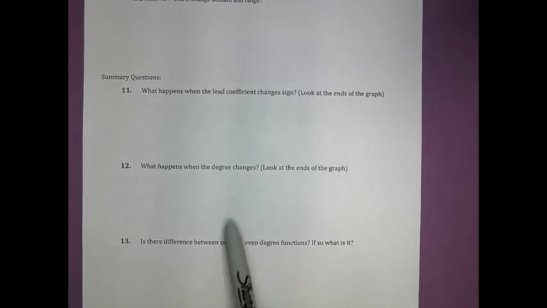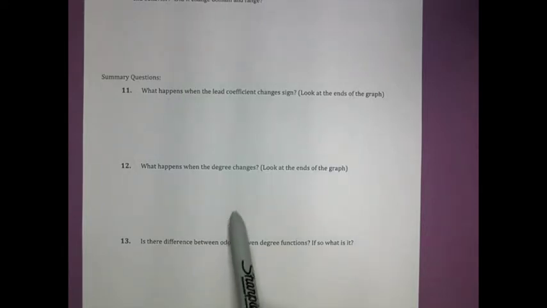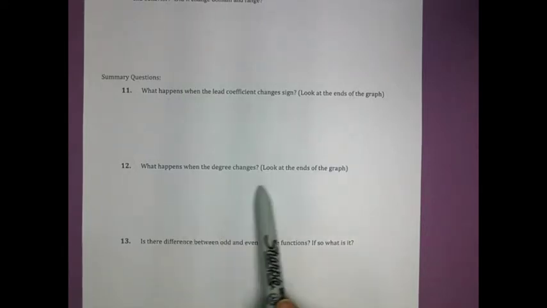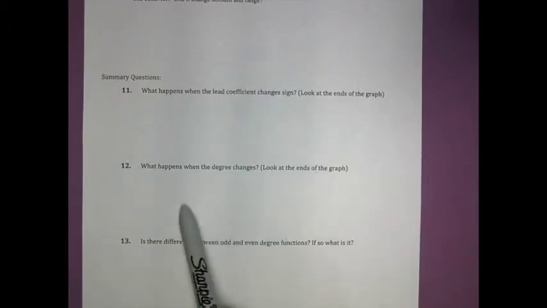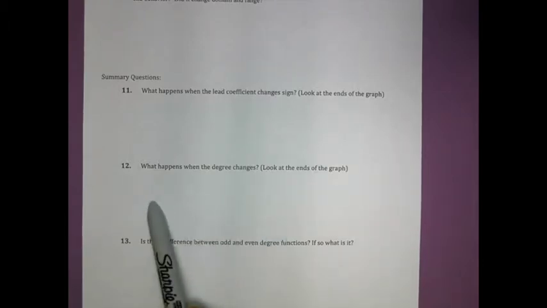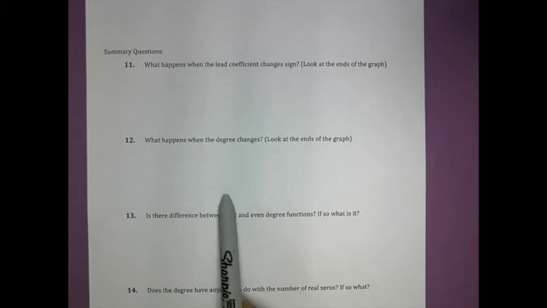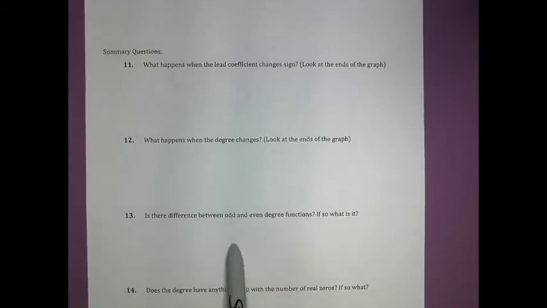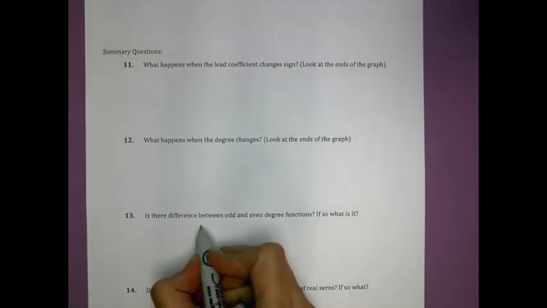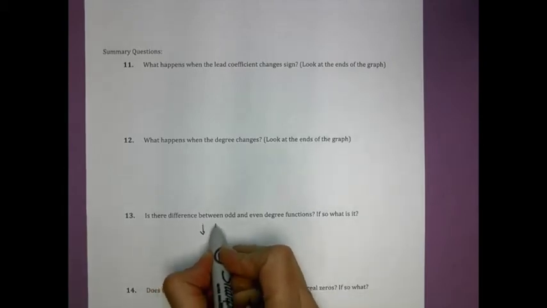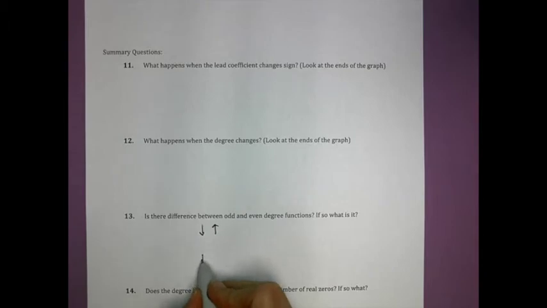But my students, I think when we wrote the question originally, what happens when the degree changes, we expected something like the end behavior changes, or as the degree changes from odd to even, end behavior changes, something like that. Now we wanted here, in case they hadn't hit the odd and even thing, we wanted something specific here. And what they really should notice is that odd functions are going to either start low and end high, or they're going to start high and end low.